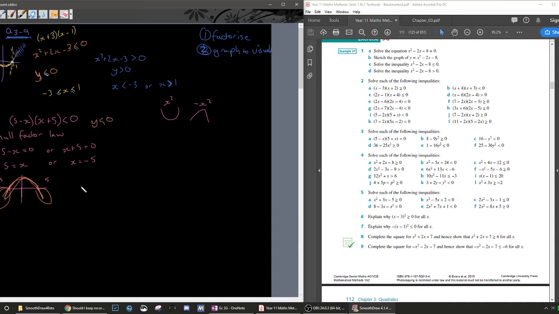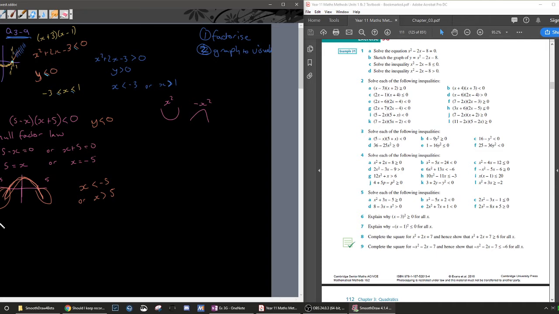So it'll be x less than negative 5 or x greater than 5. In either of those two zones, this function will end up less than 0. So all the rest of the questions in exercise 3 are exactly the same.